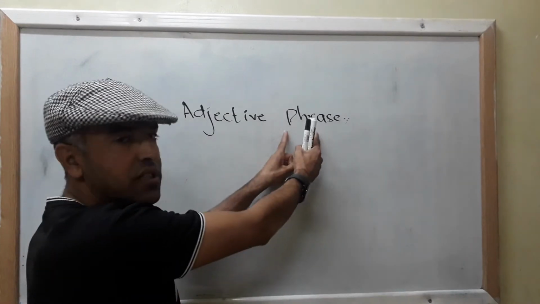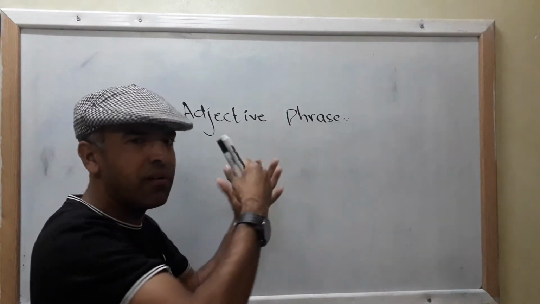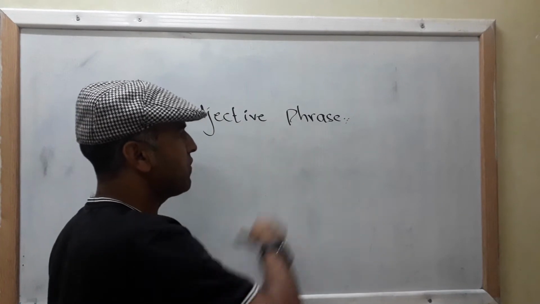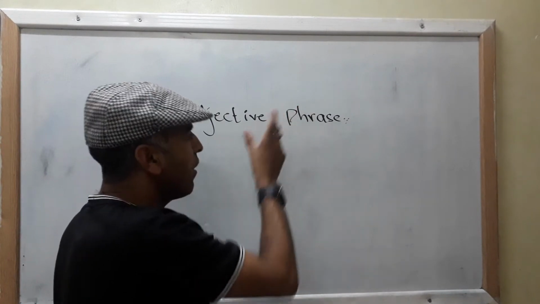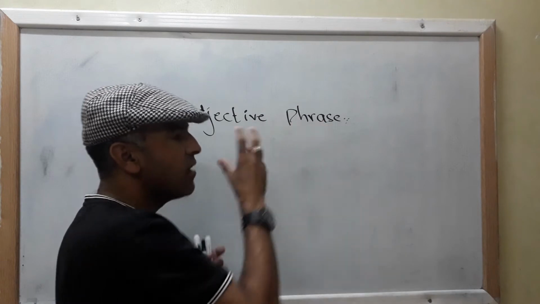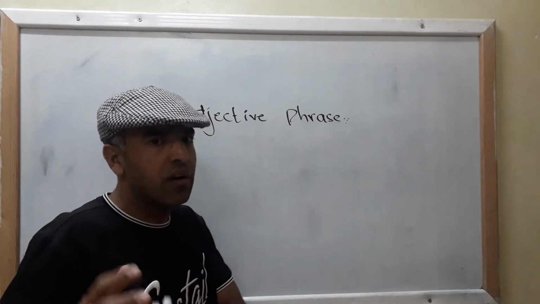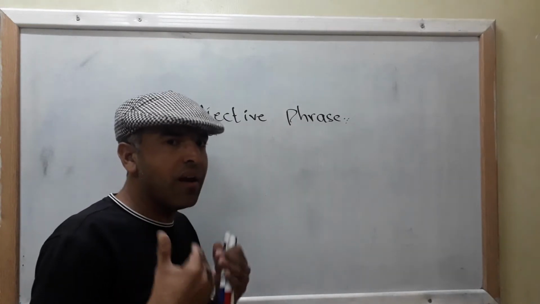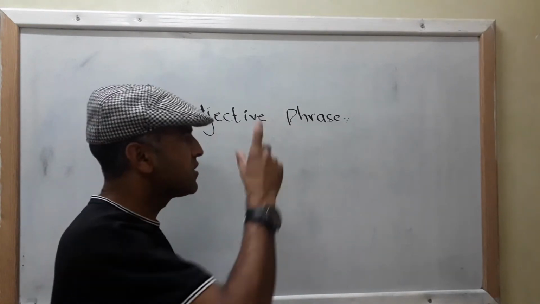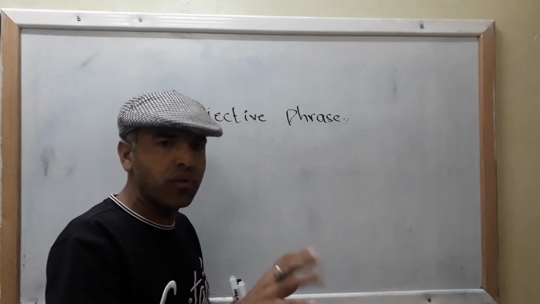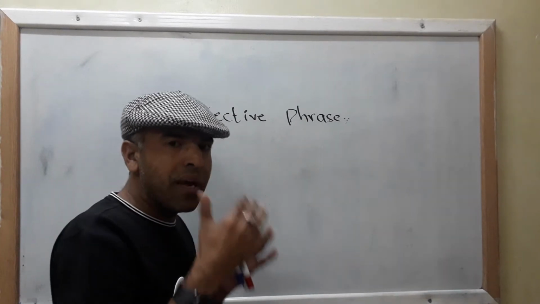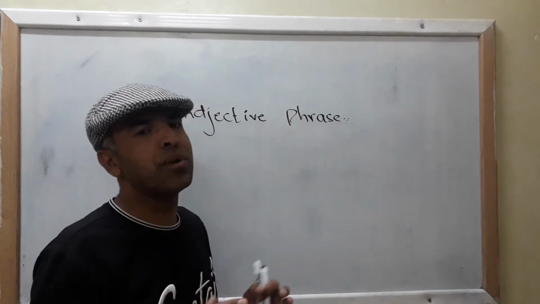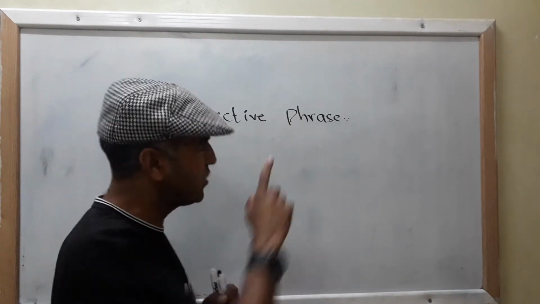It is a part of a sentence. These are the identifications of a phrase: number one, a phrase is a part of a sentence. Number two, a phrase is a group of related words within a sentence. Number three, a phrase may or may not have a subject or verb or both. A phrase may contain some meaning, but it does not give you complete thought, complete idea. So this is a phrase.